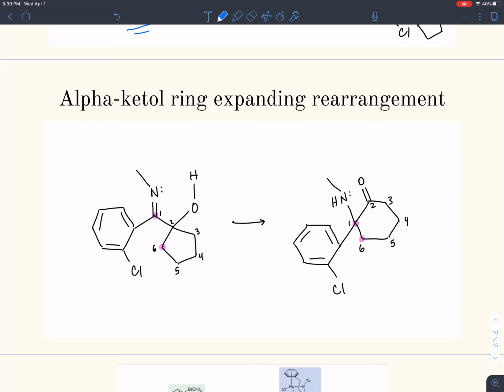So just through doing substructure searches, I found that the most likely thing that's happening here is an alpha ketol rearrangement, and this one just happens to be ring expanding rather than just a methyl shift or something of that variety. So without further ado, I'll jump in.